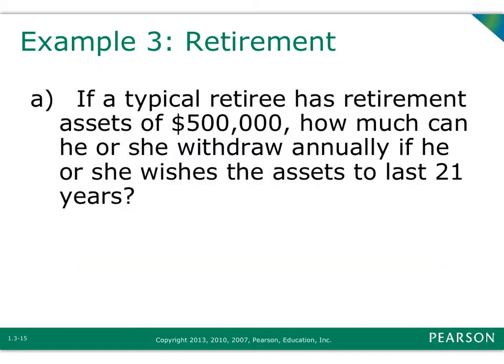If a typical retiree has a retirement asset of $500,000, how much can he or she withdraw annually if he or she wishes the assets to last 21 years? So in this case, the type of problem that we have, again, is money, and again, we're asked how much.